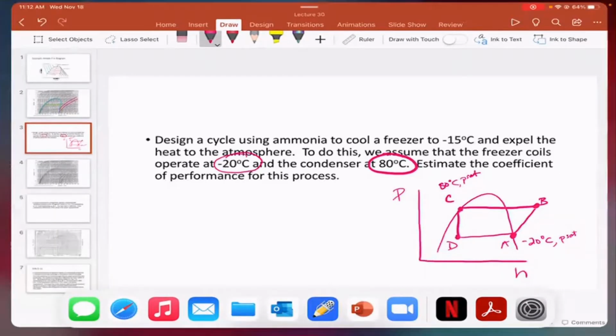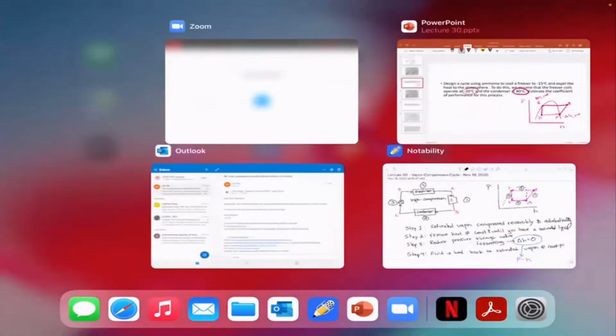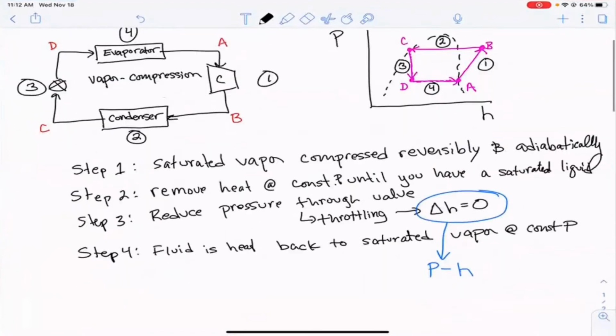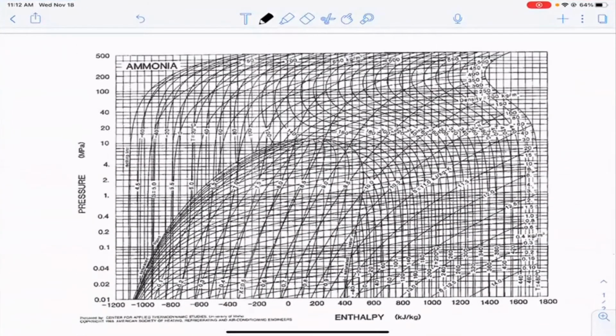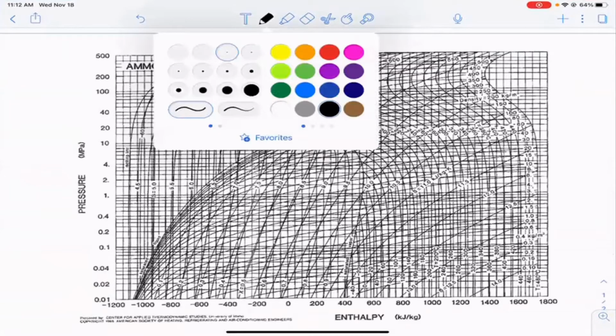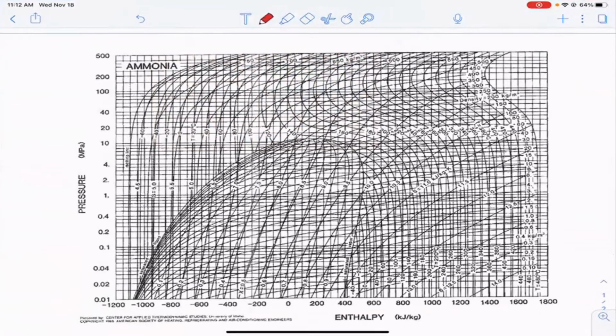Okay, so let's do this. All right. So I've actually pulled up the pH diagram for ammonia, which is the focus of this particular problem. And when I start looking at solving a problem using a pH diagram, I've already said a couple of times that we know two of the states, right?